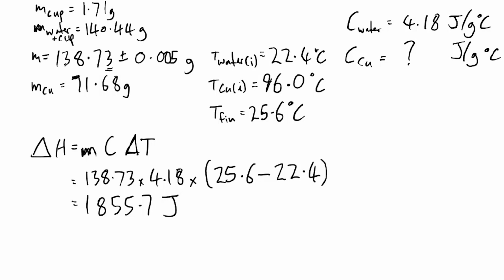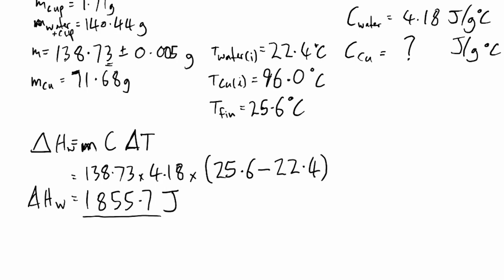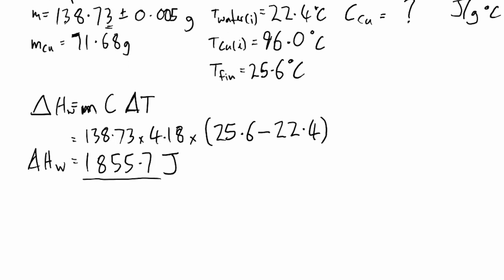On the other side you've got some mass and some temperature, but they're on the bottom line and joules on the top line, so it all cancels out and works. So that was the change in energy of the water. So delta H water, I probably should have subscripted it up here as well, is that much energy. That much energy was gained by the water in the process of rising by 3 degrees.